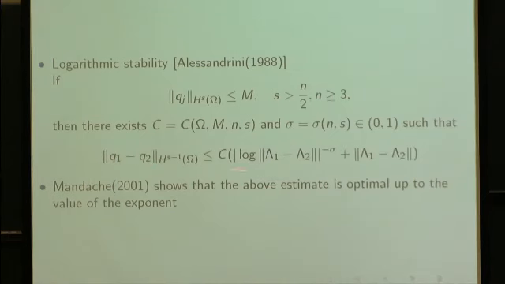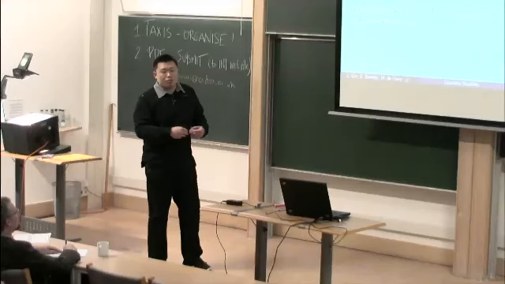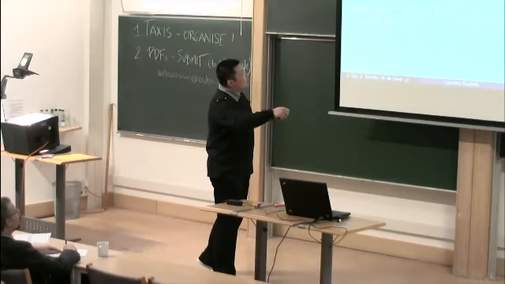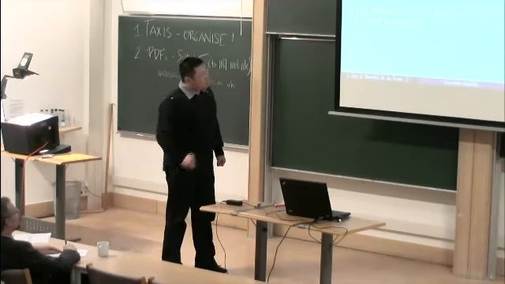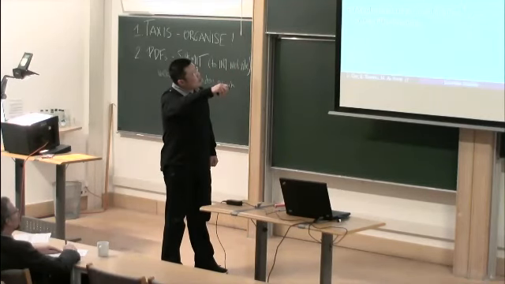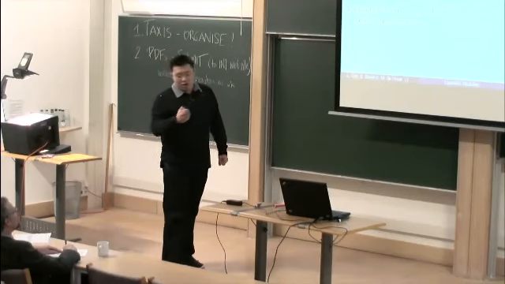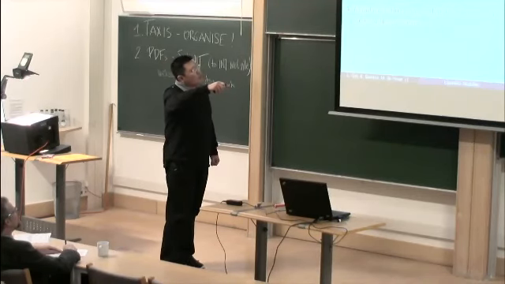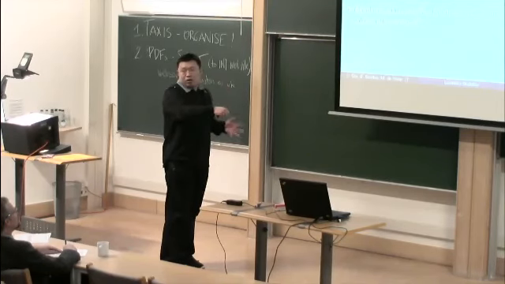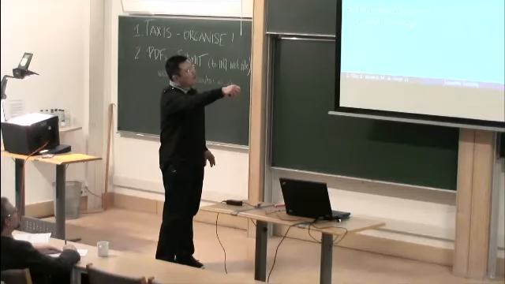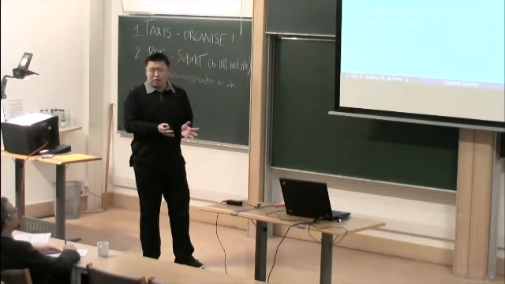This type of stability is unfavorable for any numerical algorithm, because you only get logarithmic type, which means extremely slow. And you note here this is H^s, but here it is H^(s-1). So even for potentials with high regularity, you can only control them with lower regularity. This is a bigger space than this one.